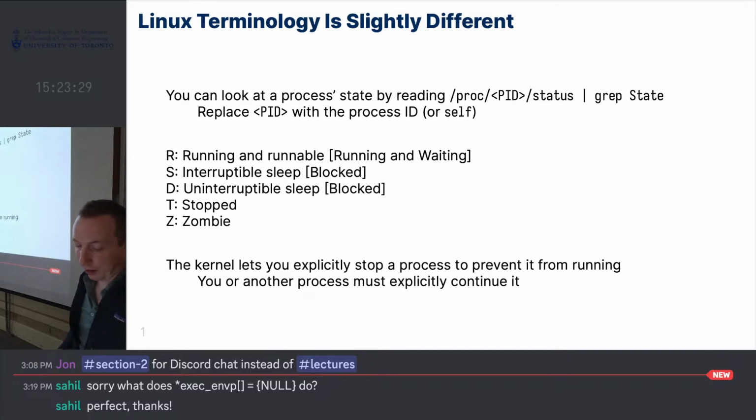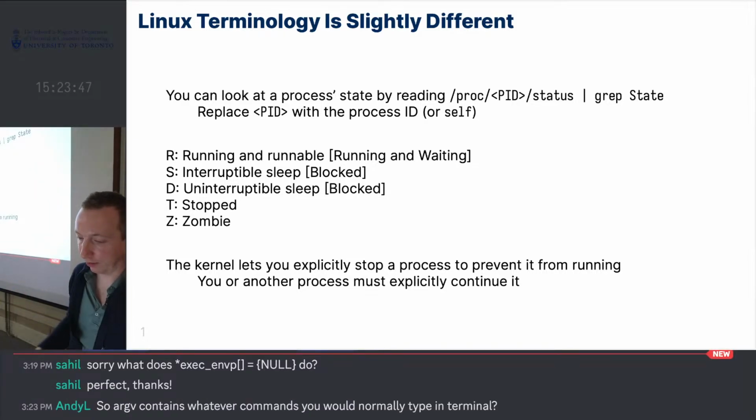If you go off and read the states, you'll see a running and runnable state, which in our state diagram more or less corresponds to running and waiting / ready. So Linux doesn't really differentiate between the two. Then it has 2 block states instead of 1.